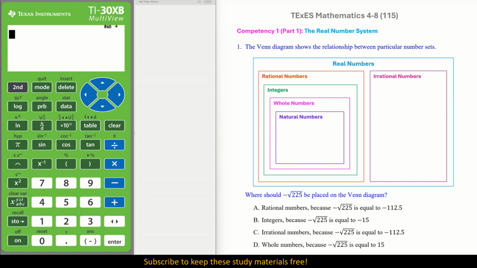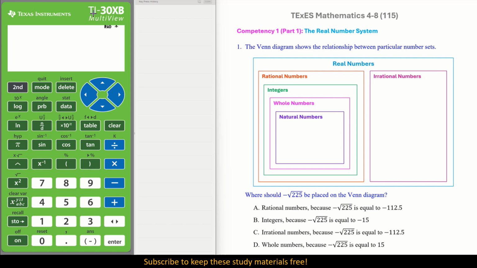Okay, let's look at number 1. The Venn diagram shows the relationship between the particular number sets. Here is the basic diagram of how we look at the real numbers. The natural numbers are a subset of the whole numbers, and the whole numbers are a subset of the integers, and the integers are a subset of the rational numbers.